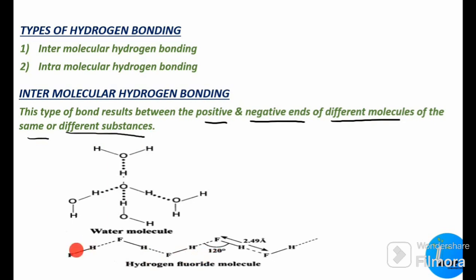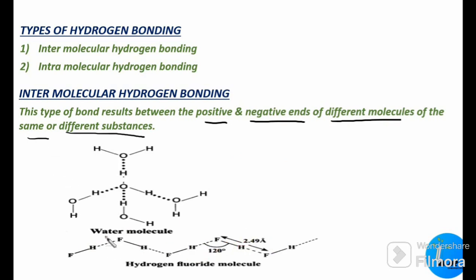See here, this is one molecule, this is another molecule, and this is another molecule. See here, this is the negative end, this is the positive end. This type of bond is found between the positive and the negative ends of different molecules of the same or different substance. This is the same substance.